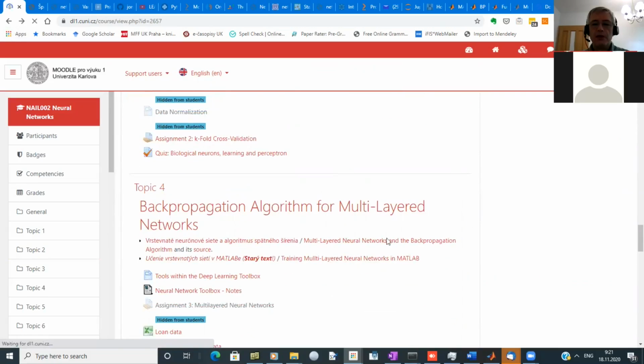In topic 4, please look into the text, in the first text, multi-layered neural networks and the backpropagation algorithm.